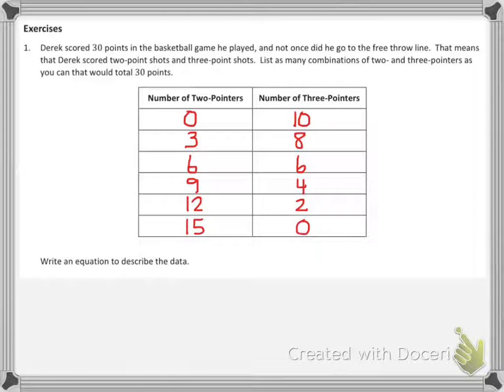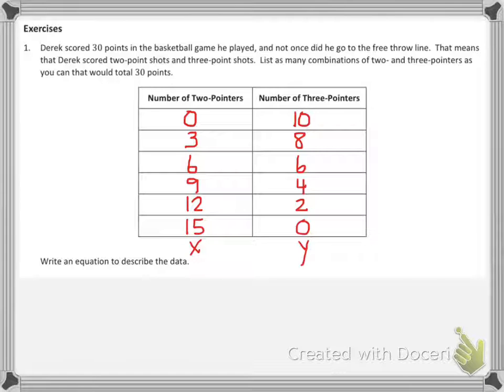And then we have to write an equation to describe the data. Well, I could use any one of these to help me to describe the data. So I'm going to say this. What if I made X number of 2-pointers and Y number of 3-pointers?